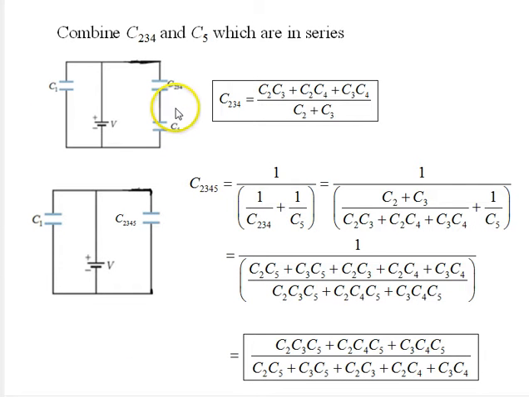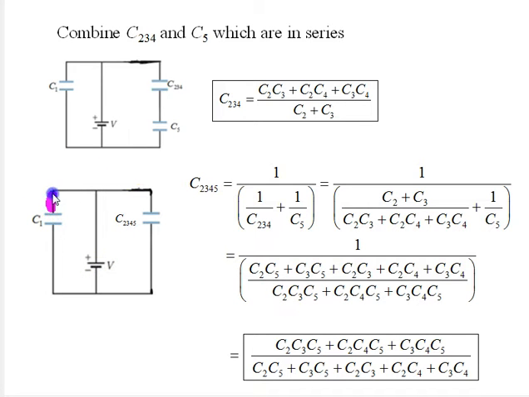To combine the two capacitors in series, 1 over capacitance C234 plus 1 over capacitance C5, the reciprocal of that is the equivalent capacitance. So if we do a little combination, we get an equivalent capacitance for C2345, and we recognize in this equivalent circuit we have two capacitors that are in parallel, and they're in parallel with our battery.